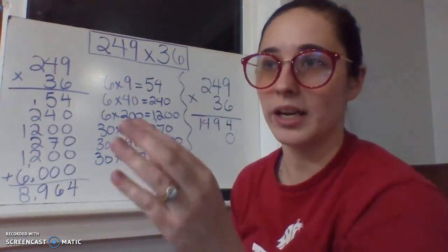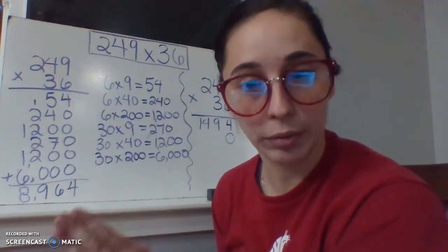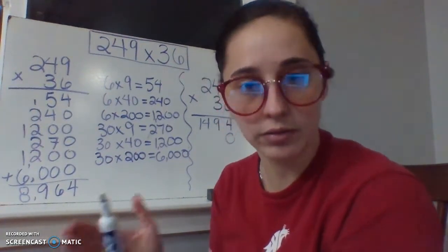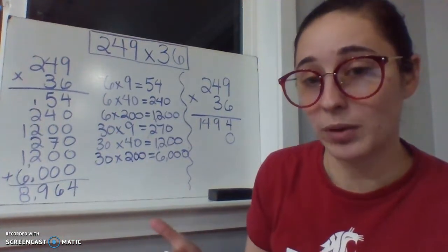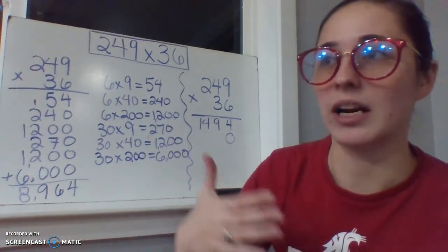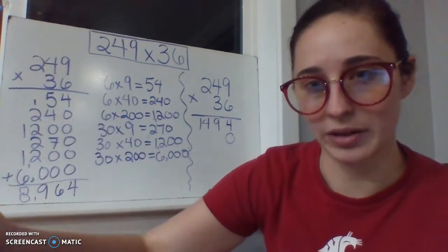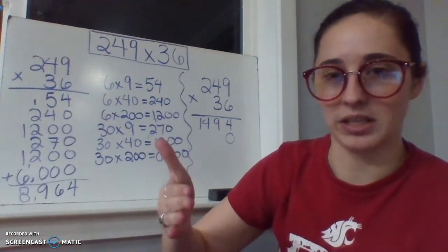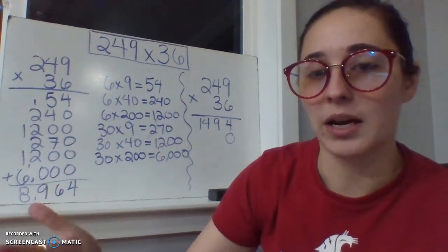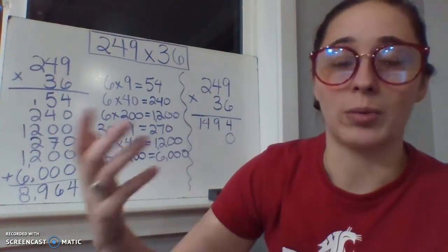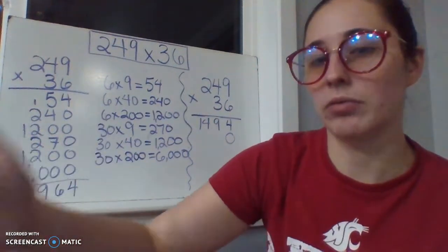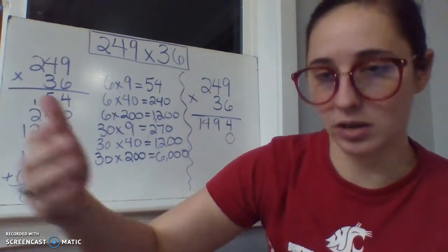But since 30 is a multiple of 3 by a factor of 10, 3 times 10 is 30, I can add a 0 because anytime you multiply a number by 10, you're going to get those same numbers with a 0 at the end. The digits just shift over a place value. Same thing if you were to multiply a number by 100, you would add 2 zeros at the end. If you multiply something by 1,000, add 3 zeros at the end, all right? And so on and so forth.